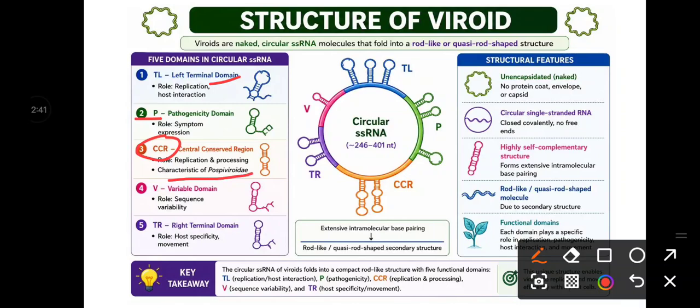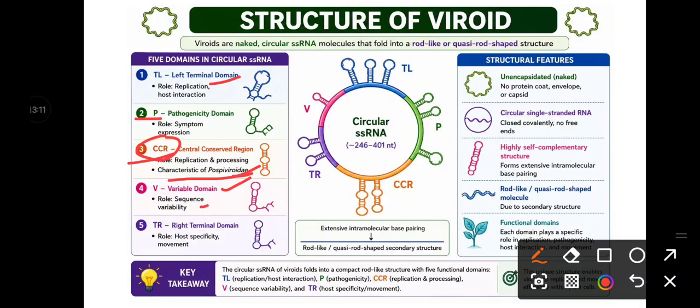The CCR region is absent in Avsunviroidae. For your knowledge, there are 2 families of viroids, Pospiviroidae and Avsunviroidae. We will discuss them in later slides. So the CCR region, the central conserved region, is characteristic of Pospiviroidae. Next important is the V domain or variable domain.